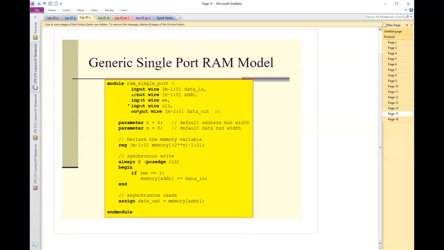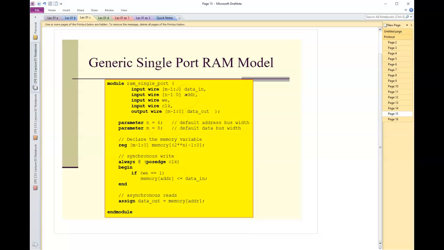So let's step through. This is a Verilog model of a generic RAM. The inputs are essentially three control inputs and a data input, and the output is the data. The first thing to notice is it's a parameterized model, which means it's generic, and it will use these parameters unless you override them when you instantiate it.